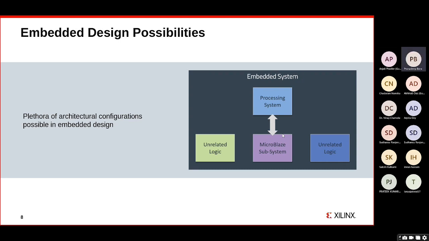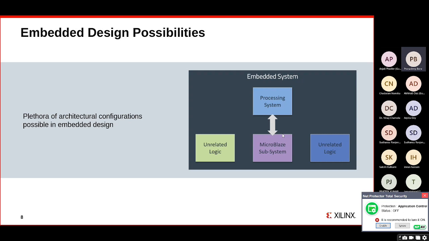Let's say I want to create my own UART protocol that has different kinds of baud rates, all those things that are not available in the market. I need to create my own logic that is not available in the market as a chip. So all those things I can do in my FPGAs only.